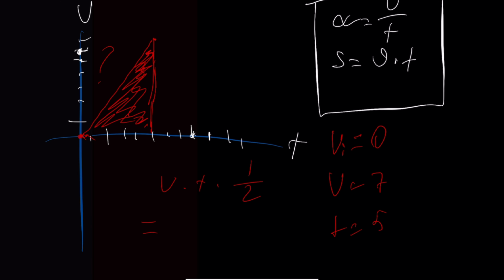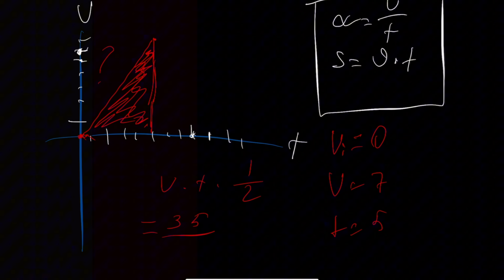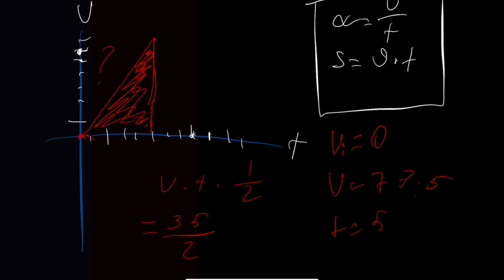Because time should always be positive, and it cannot be negative. That's why you should highlight the place that is closer to the timeline. So 7 times 5 would be 35, 35 divided by 2 would be 17.5. So the answer is 17.5.